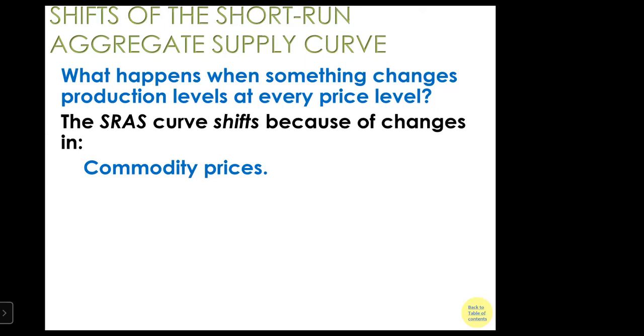Those are the ingredients for production. So changes in commodity price can affect aggregate supply. Nominal wage: if the nominal wage increases, that is making hiring more expensive, and certainly that's going to reduce the profit margin, and hence the aggregate supply will change.